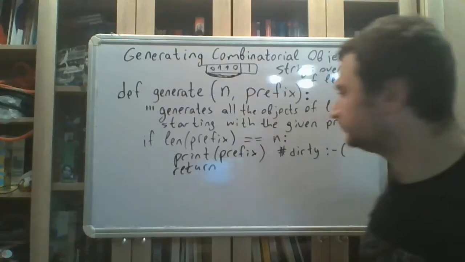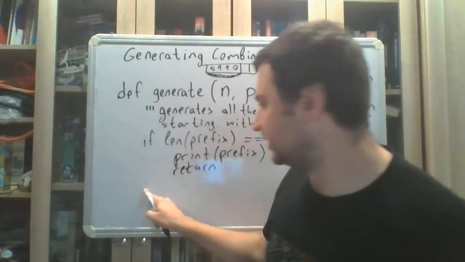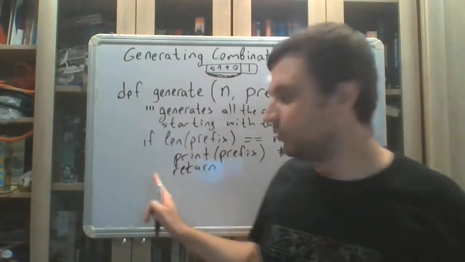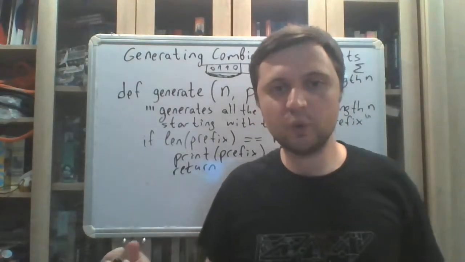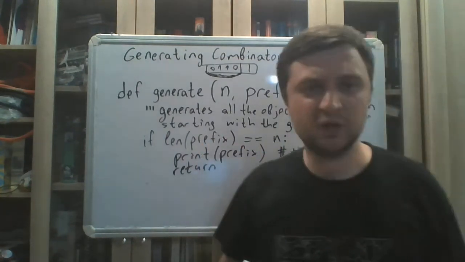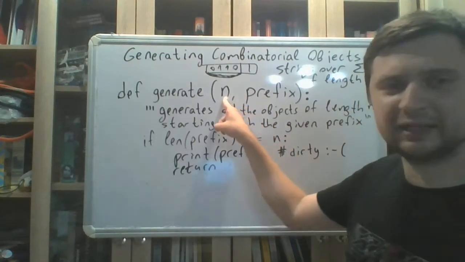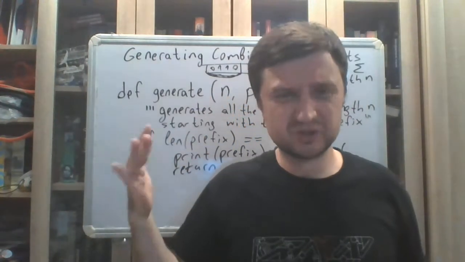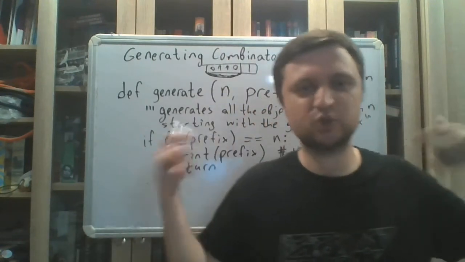Why not? So here comes the main place. If we came to this place in execution, therefore we didn't run the return operator, and so the length of the prefix was smaller than n. Well, if somebody runs you with a prefix whose length is larger than n, then it's the problem of the one who called this function with such stupid parameters.